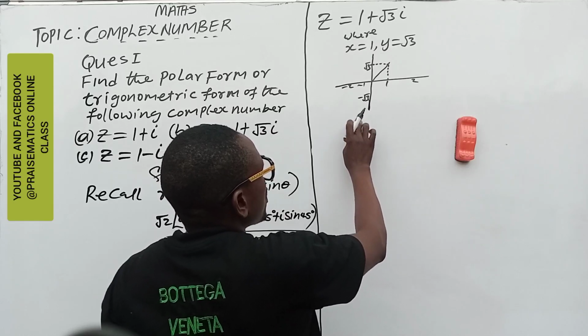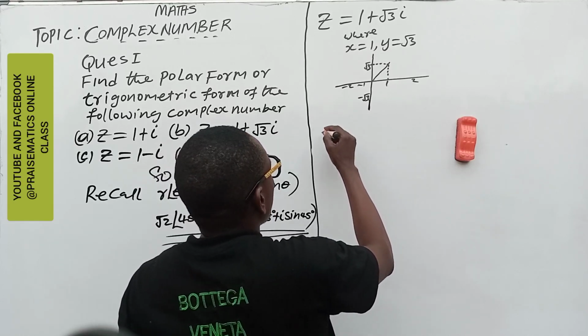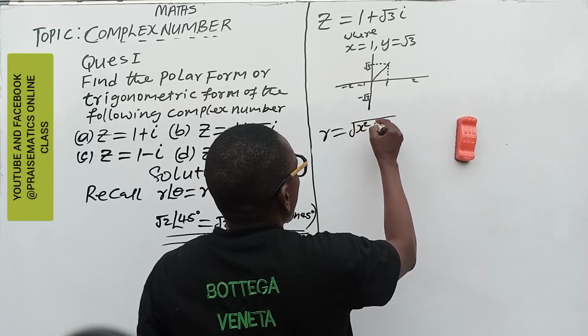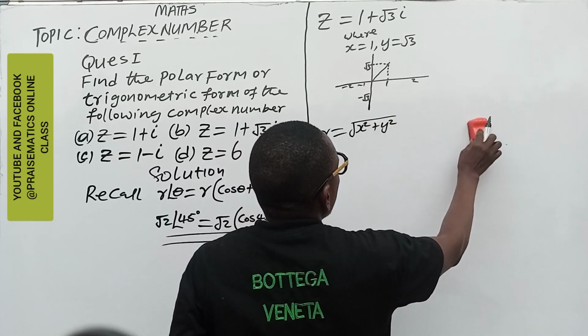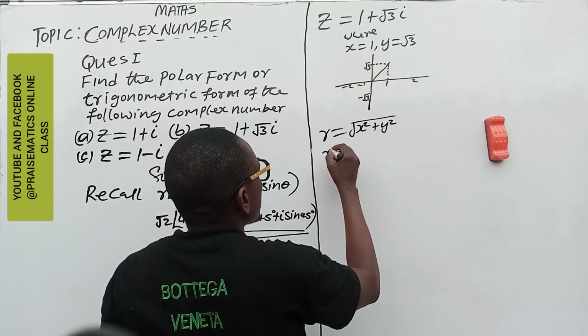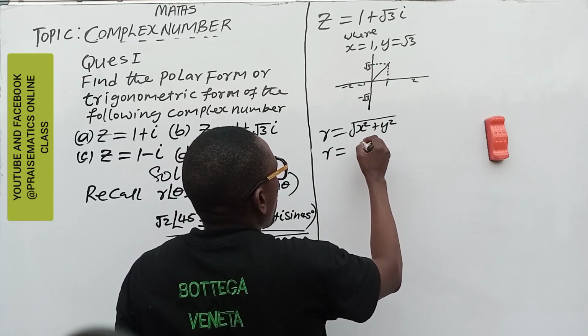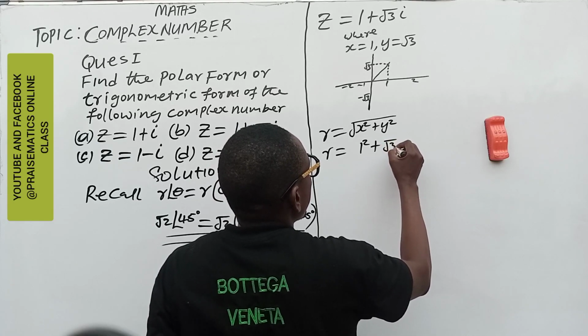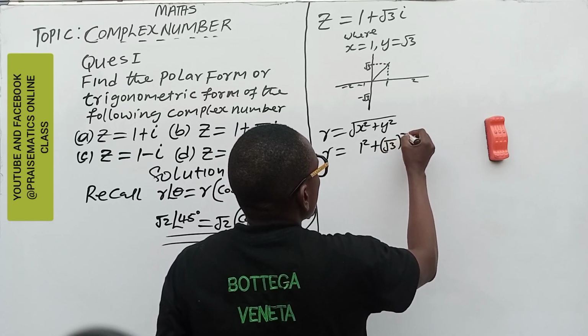So how do we do this now? After putting it in the Argand diagram, you go for the modulus. Modulus says that r is equal to square root of x squared plus y squared. So r is equal to square root of 1 squared plus root 3 all squared.